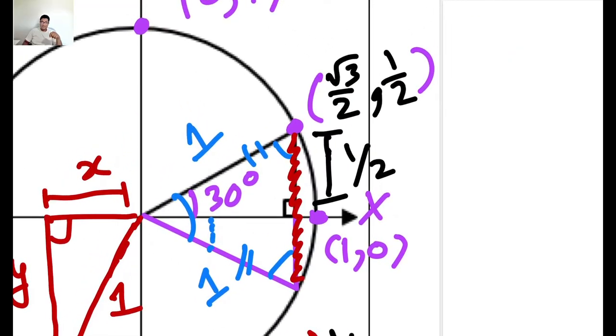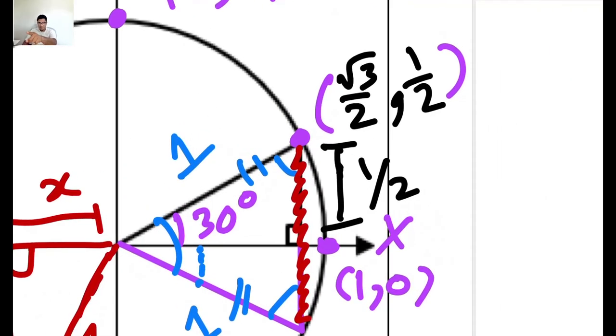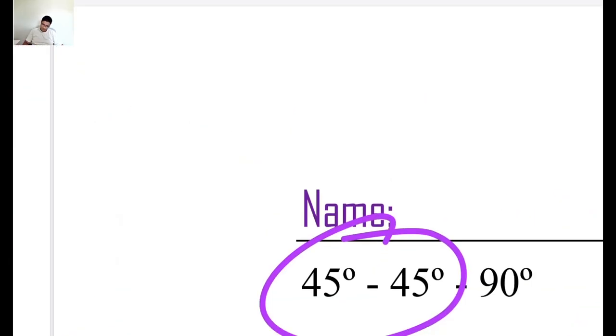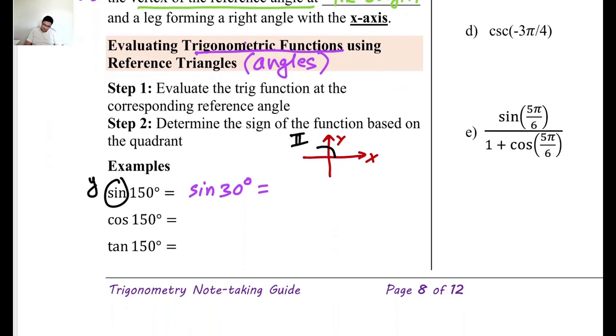At 30 degree, the y coordinate is half. You can see in the top right here, okay, half. So going back here, at 30 degree, the y coordinate is half. Second quadrant, sine is still positive. So sine 150 degree is sine 30 degree, which is half. Okay, follow. I'm going slowly. You also go slowly. Make sure you digest it properly.